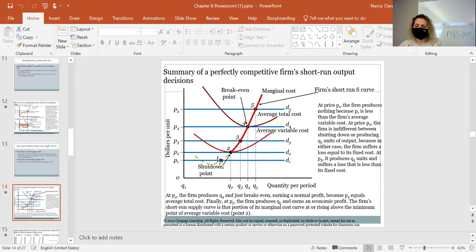If you're getting a price below variable, what that means is that you are actually amassing losses in order to continue to operate. Your losses are growing the more you make. The more you make, the more your loss. Makes no sense. Bad business, okay? You actually would not produce anything at point 1.